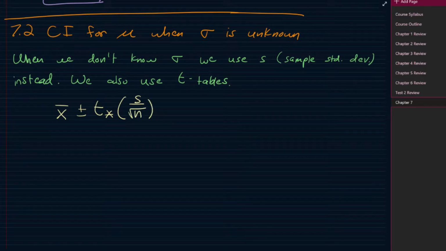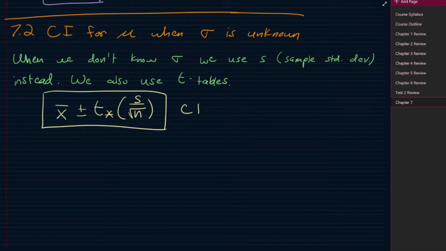This would be our formula for the confidence interval when sigma is unknown. Again, the difference from when sigma is known is we're not using a z-table anymore. We're using the t-table, and we don't know sigma, so we're using our best guess at sigma, which is s.